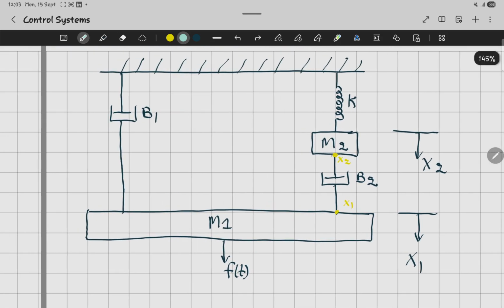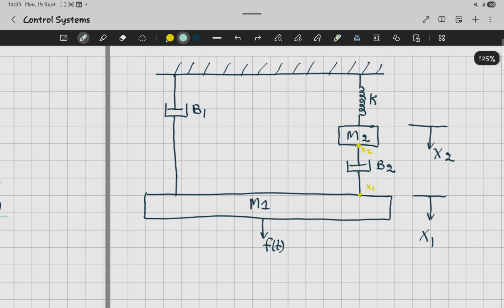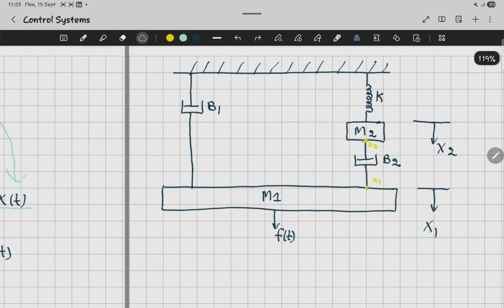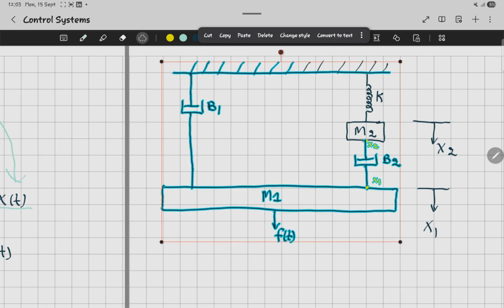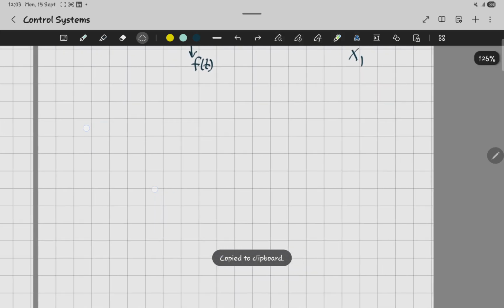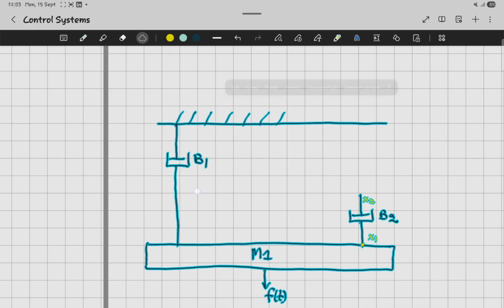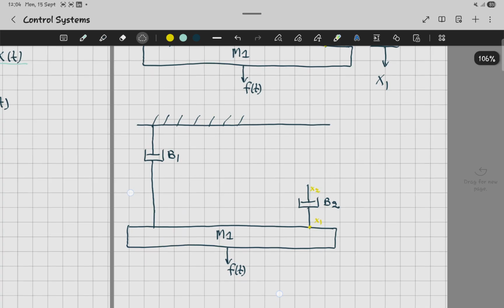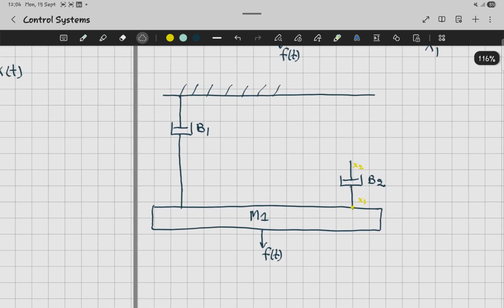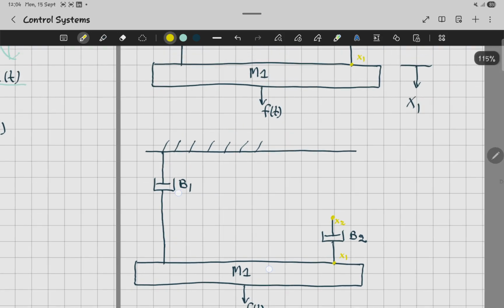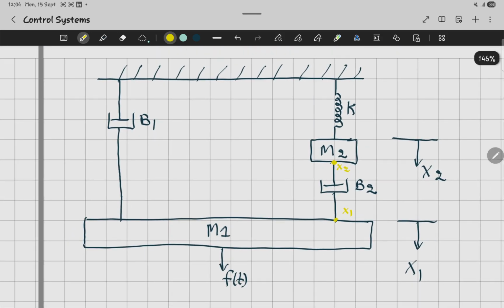Now I'm going to separate them. We actually have two blocks. Maybe something like this for mass 1. This is what we're going to get on mass 1, and on mass 2 we'll take everything here.